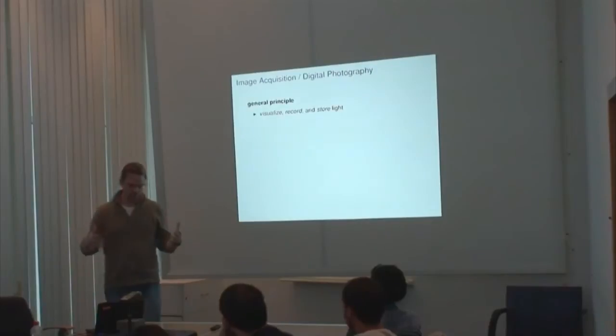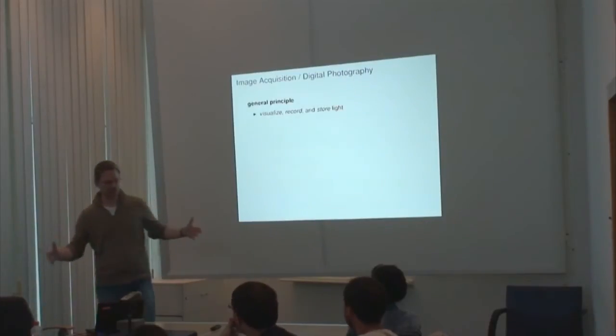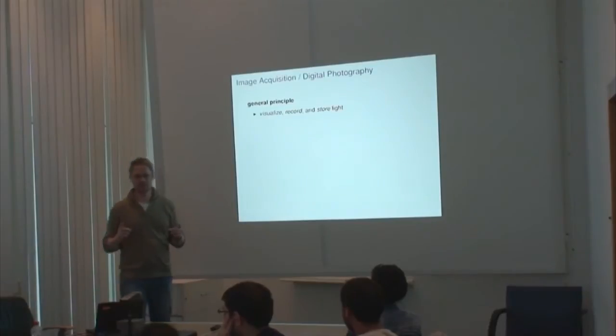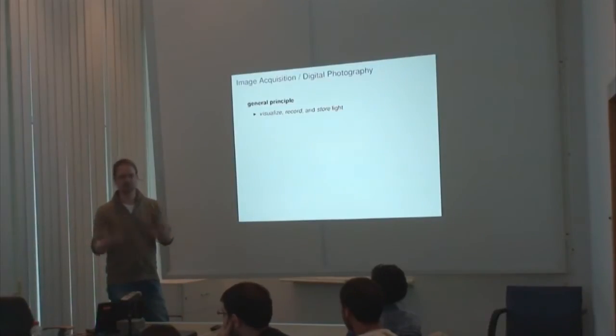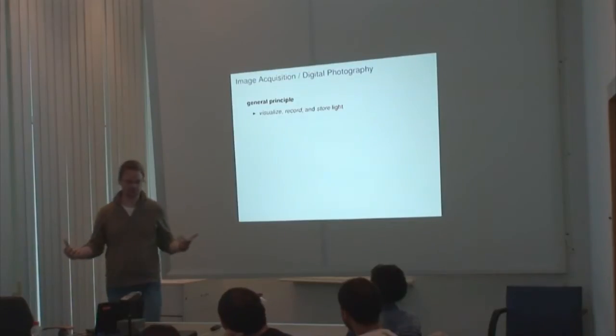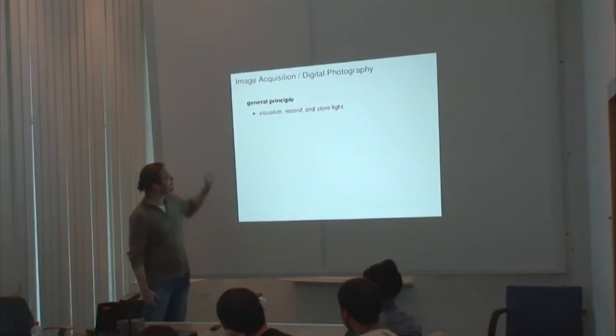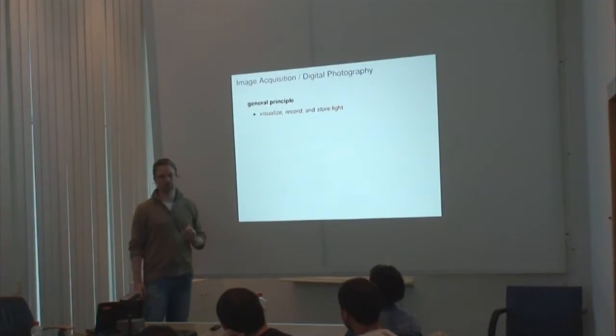But our focus in this lecture series is rather on acquired images than it is on handmade ones. Of course, there is software you can use to create digital images, but we shall assume that we're interested in images that are recorded using cameras.